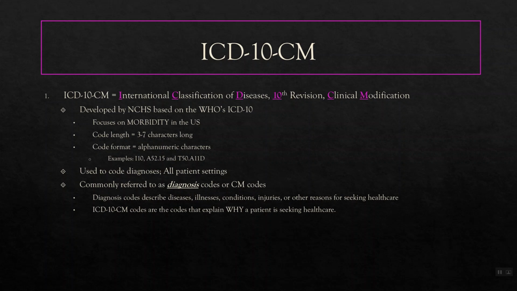So I like to say that ICD-10-CM codes explain the why in the patient's story as to why this patient is seeking healthcare. So the patient is seeking healthcare because they're having chest pain, or because they have an ingrown toenail, or asthma, diabetes, or they need a vaccination. So we're explaining the story when we code as to why the patient's seeking healthcare, and that why is completed by utilizing ICD-10-CM codes.